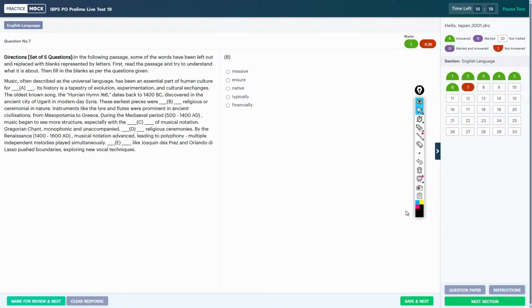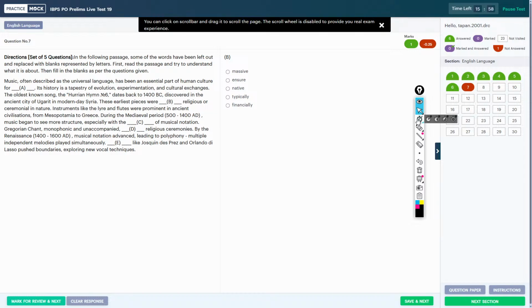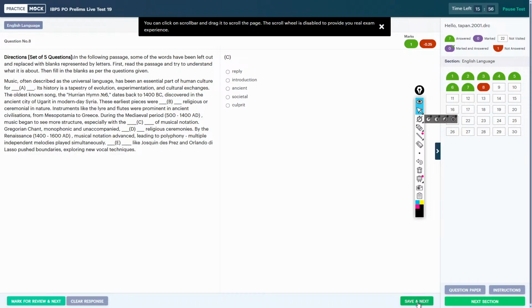Its history is a tapestry of revolution and experimental exchanges. These earliest pieces were typically religious or ceremonial in nature. Okay, gap C.